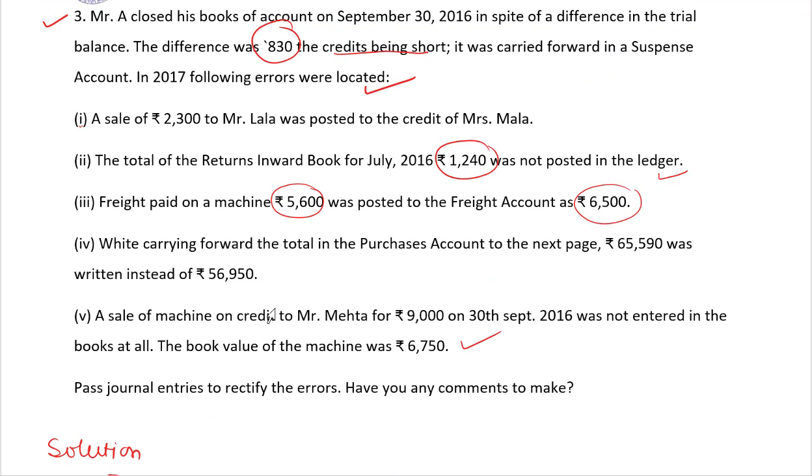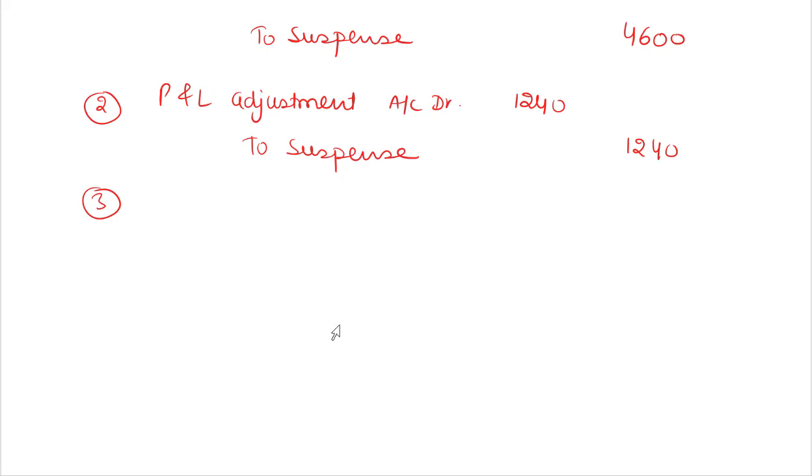Entry number 3. Freight paid on machine 5,600 was posted to freight account as 6,500. So over here, we have recorded it wrong in freight. So machinery needs to be debited 5,600.